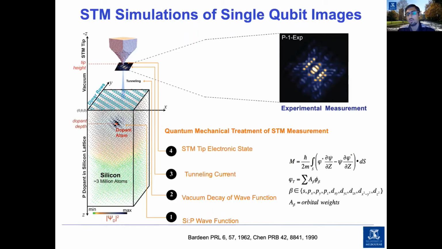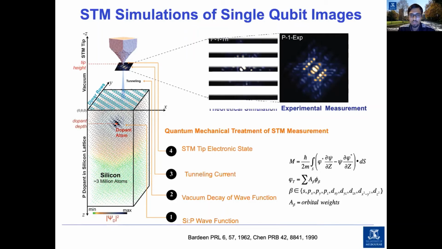And then most importantly, instead of just looking at the s orbital approximation of the STM tip, which was the basis of Tersoff's theory, we used a more comprehensive tip orbital treatment. So we included all the s, p's, and d's. And then we adjusted the weights of those s, p's, and d's to find out which tip orbital is actually contributing to the tunneling current.